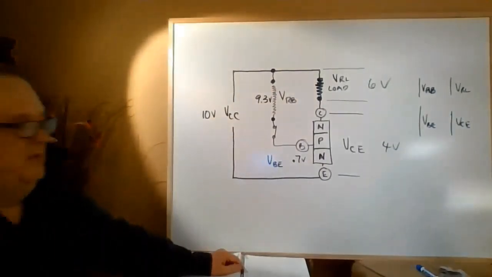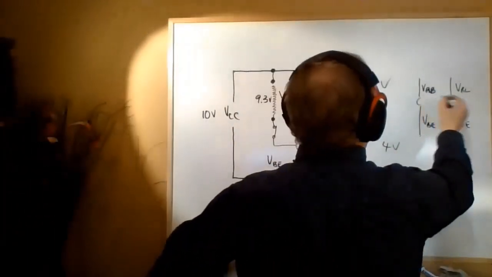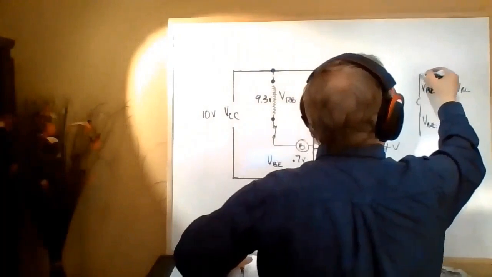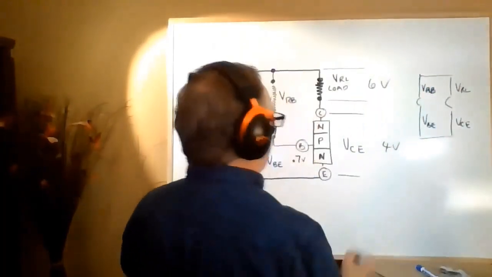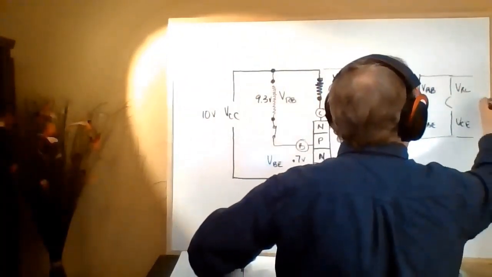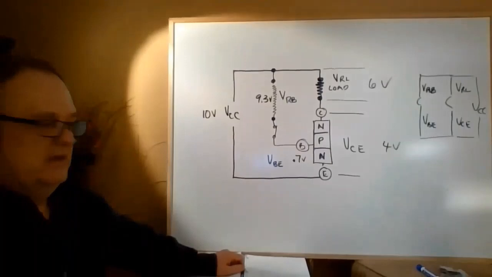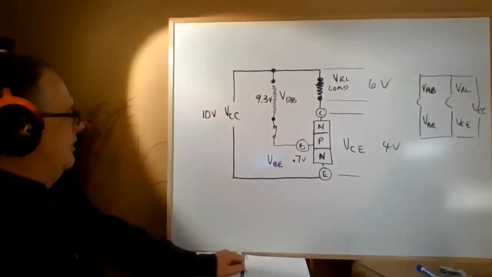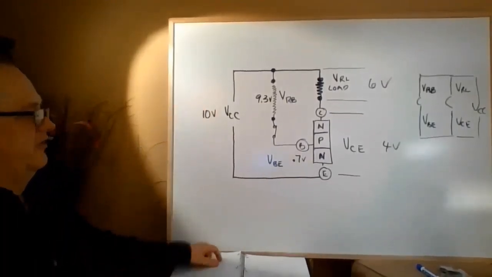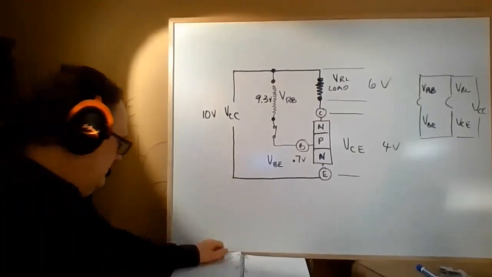Both of those branches are in parallel with each other, and VCC is equal to them. So basically it's 2 parallel branches across your source. And so it makes it quite straightforward to calculate the values in the circuit if you can see it like that.